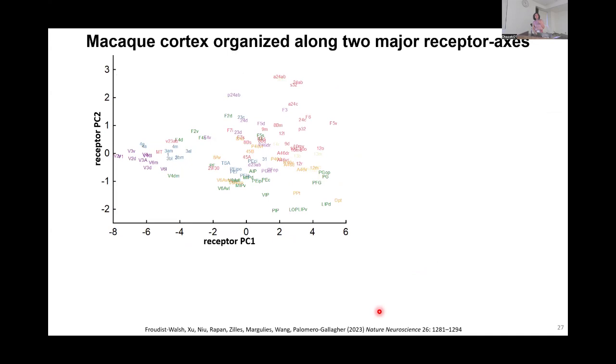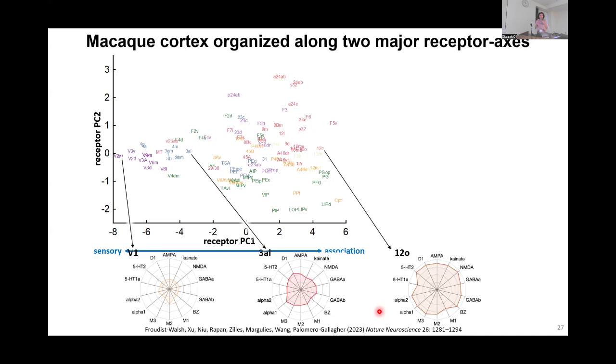And what we could see is that when you do a clustering analysis of the receptor fingerprints of all our areas, we can see a segregation along the first principal component from sensory areas to the left to association areas on the right. And along this axis, we have an increase in the number of receptors per neuron.